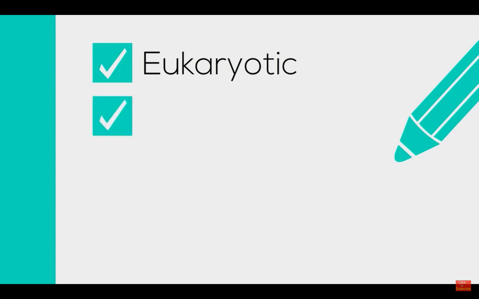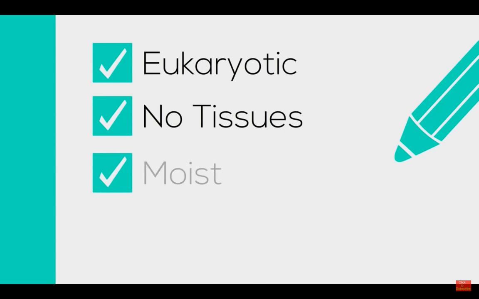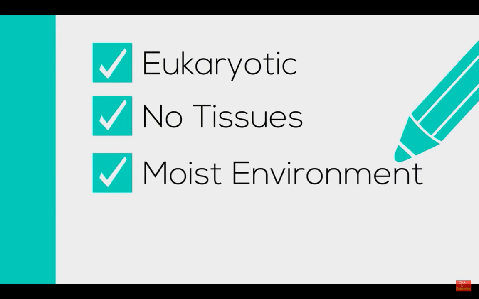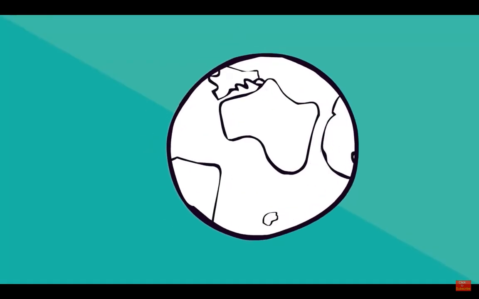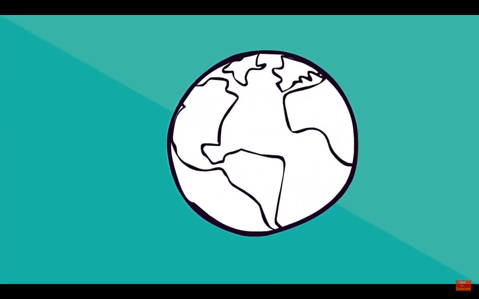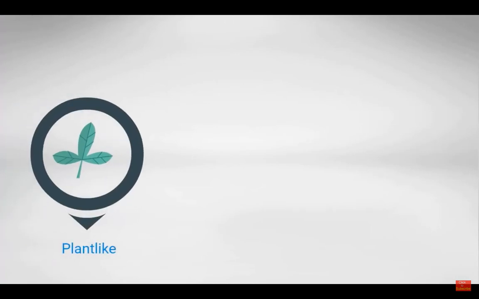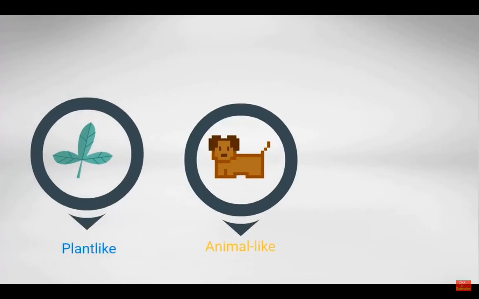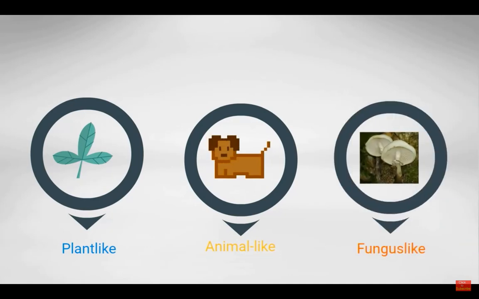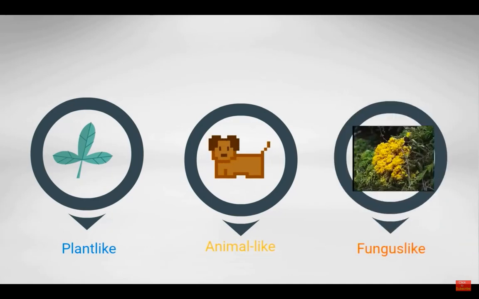They do not contain tissue, and they're located in a moist area. This kingdom is so diverse that protists are found everywhere on Earth, and scientists have subgrouped it into protists that are plant-like, such as algae, animal-like, such as paramecium, and fungi-like, like this slime mold.